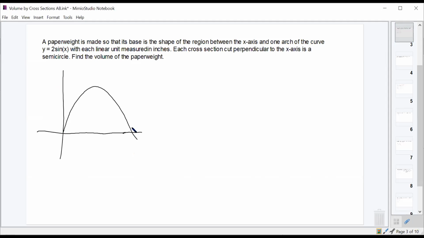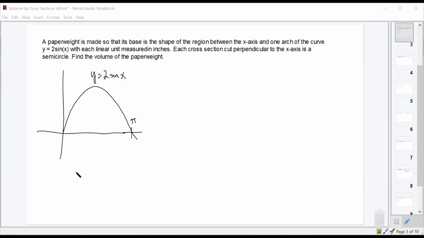Where does 2 sine x hit the x-axis? Besides at 0, also at pi. Okay. And we have cross sections that are perpendicular to the x-axis, which are semicircles.